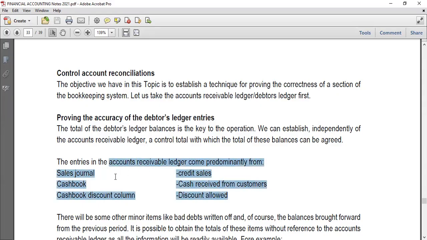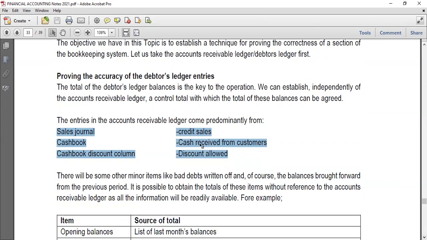The reason we are listing all this is that this is all that relates to receivables, okay? And it is from those three documents that we pick information to put under our receivables account. Of course, we also have returns inwards, but predominantly these are the respective documents.